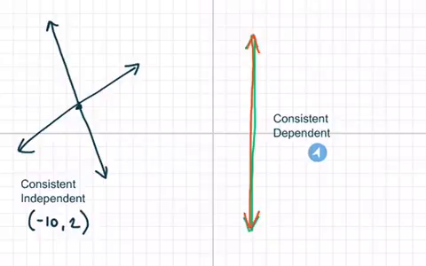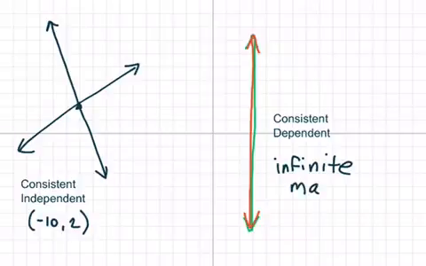Now let's take a look at this one. This is an example of consistent dependent. If it is consistent dependent, then when you graph these, the lines are going to be exactly the same thing. One is going to land exactly right on top of the other. Here, if you were to write out your solution, you would say you have an infinite amount of solutions, infinitely many solutions.